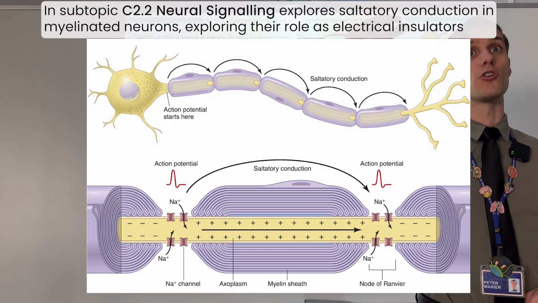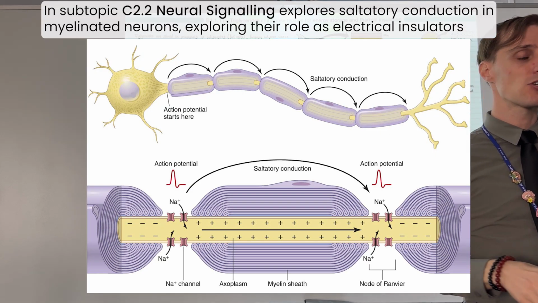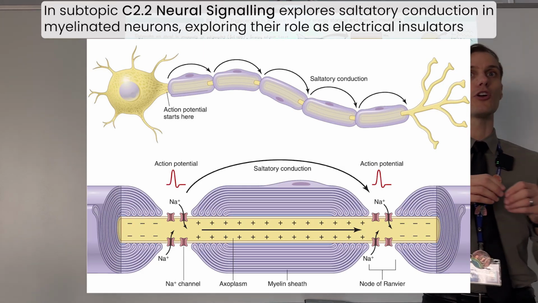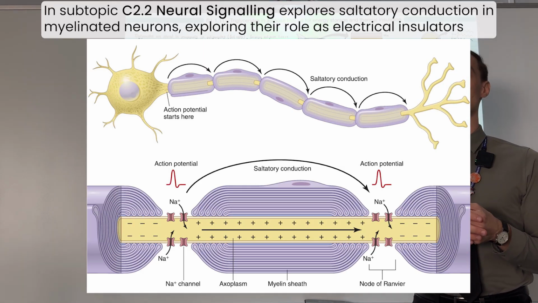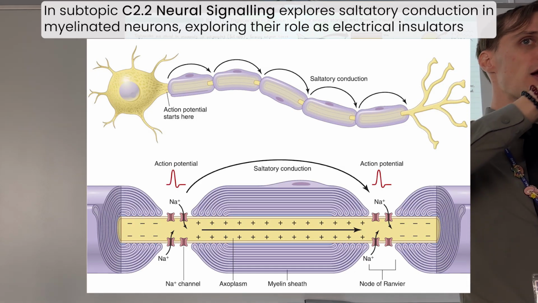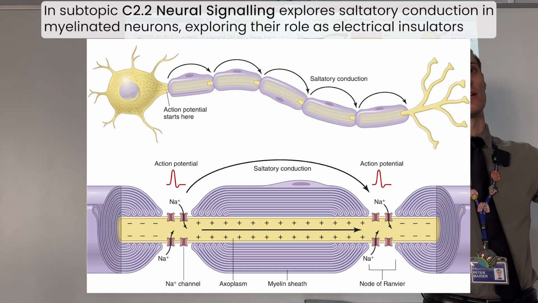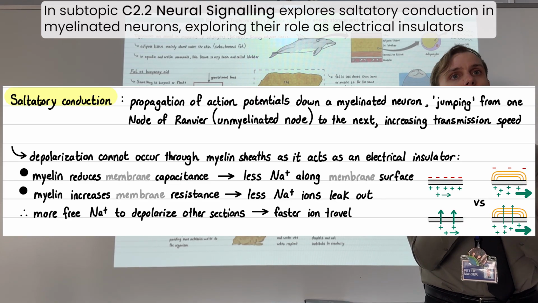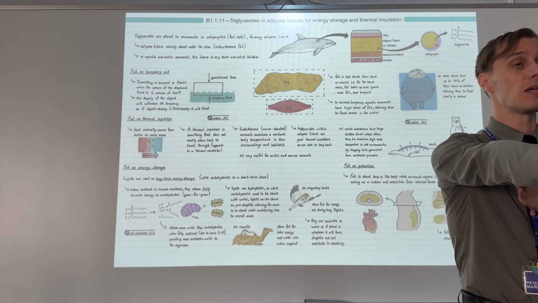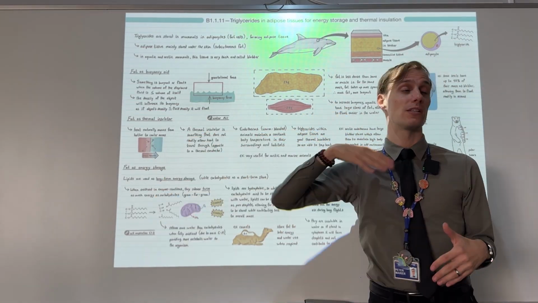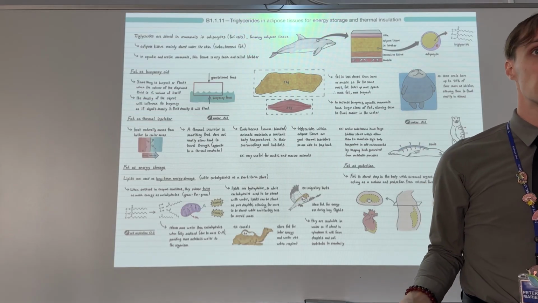Something we'll look at in neural signaling is that fats are also a really good electrical insulator. A lot of your nerves, like your motor neurons, those neurons that send signals to your muscles, are coated in fat, or what's called myelin, and that insulates the electrical signal and increases the speed of electrical transmission. So fats are not only a good thermal insulator, they're a good electrical insulator as well.